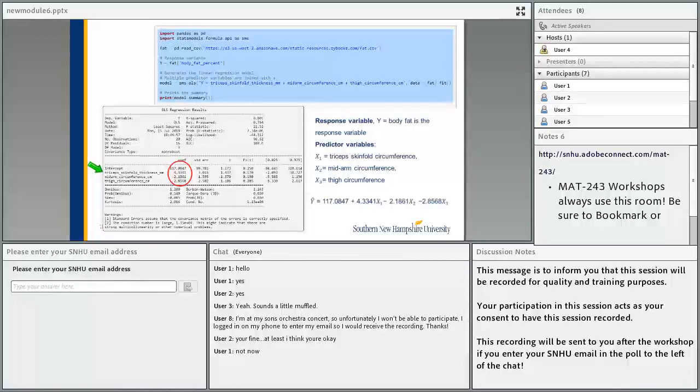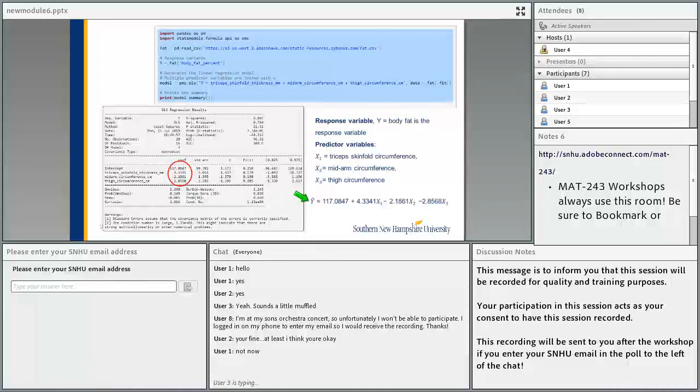So here, this example is from Zybooks, where they say in this example, the Y is the percent body fat, and then the predictor variables are the tricep skin fold thickness, the mid-arm circumference, and the thigh circumference. So because we have three predictor variables, you'll have three parameters here. And you want to look at the first column to get the values.